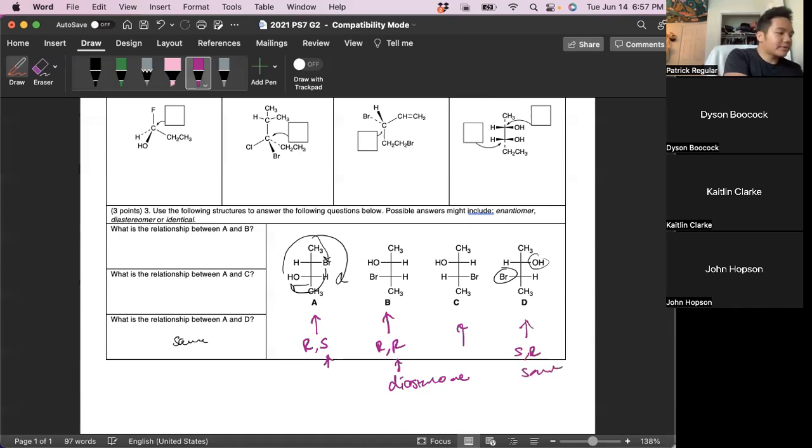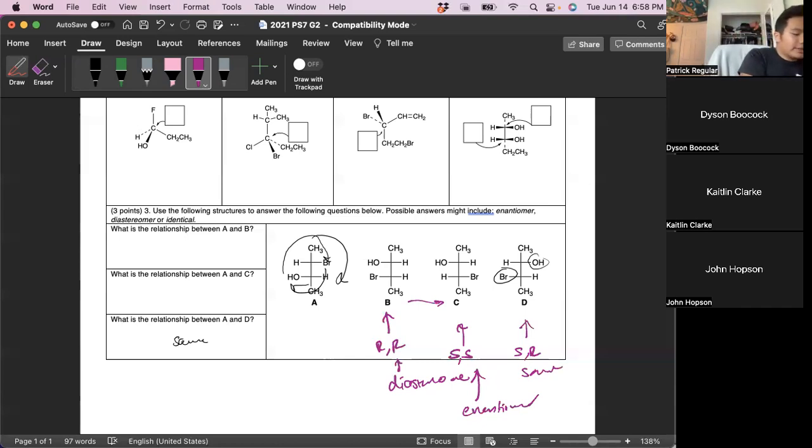But if your frame of reference was B, let's ignore A completely. If it was B and you're looking at C, this would be SS, just hypothetically. If there was a complete reversal, that would be an enantiomer, because that would mean you flipped everything or reflected it in a mirror. So there would be a complete reversal of your configurations.